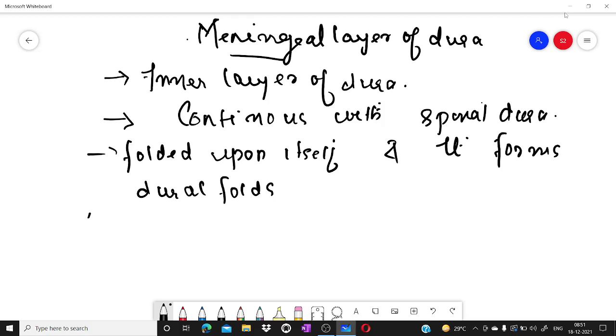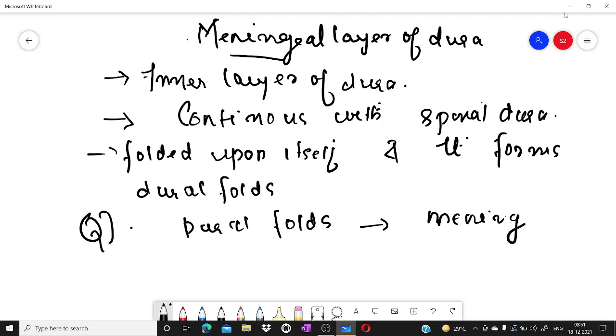An important question here: the dural folds are formed by which layer of dura? Dural folds are formed by the meningeal layer, the inner meningeal layer of the dura. That is the answer. So dural fold is a modification of the meningeal layer of the dura.